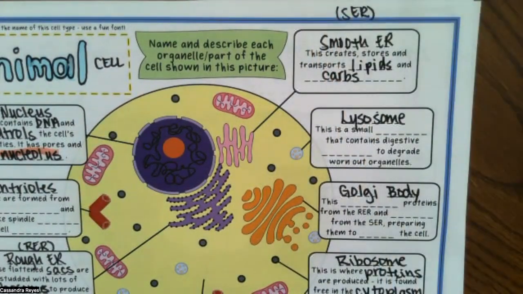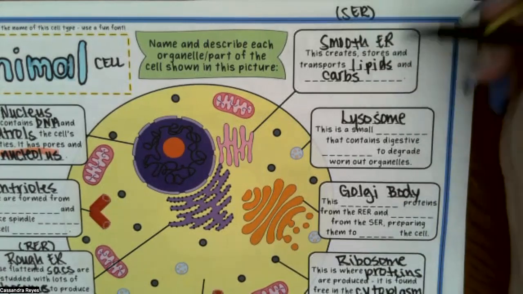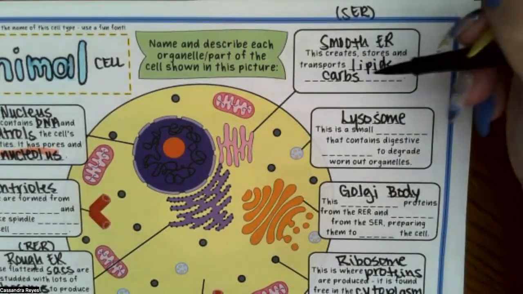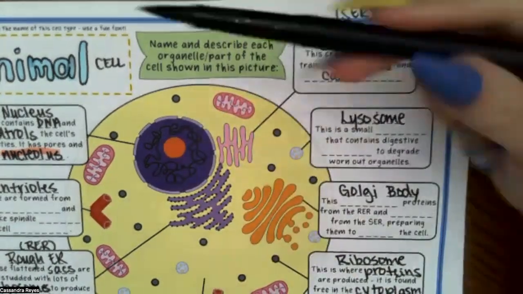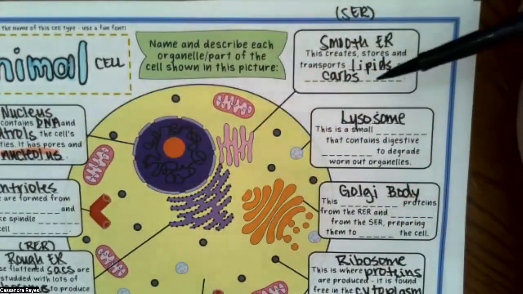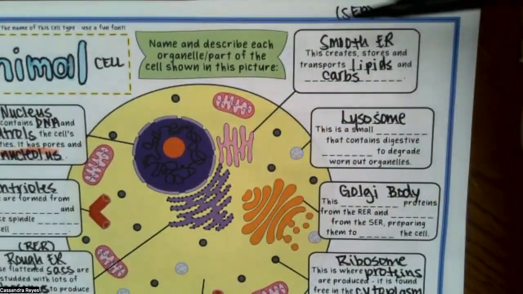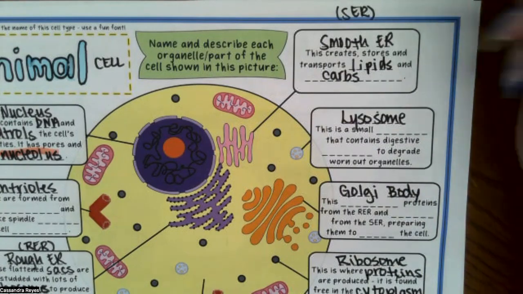What are those two things called in that category of big molecules? Macromolecules. Our macromolecules consist of lipids, carbs, and proteins. So that smooth ER is obviously super important. Lipids are going to make up the basis of the cell membrane, as you learned. And carbs, sugars, are going to provide fast, quick, easy energy.